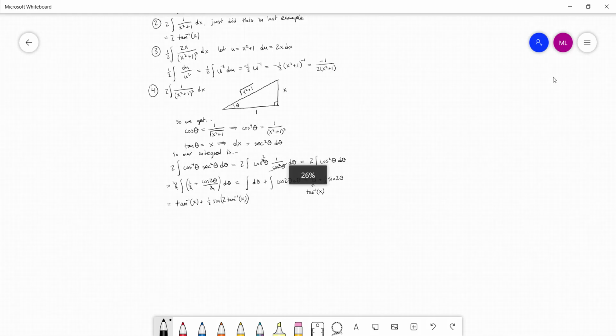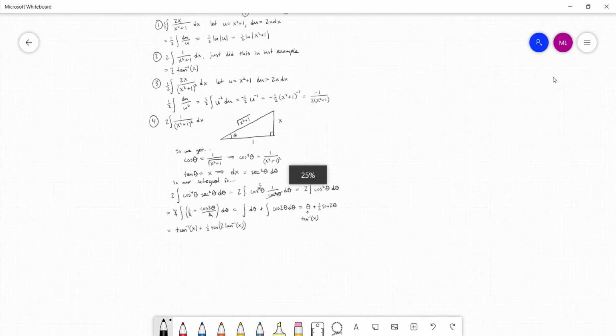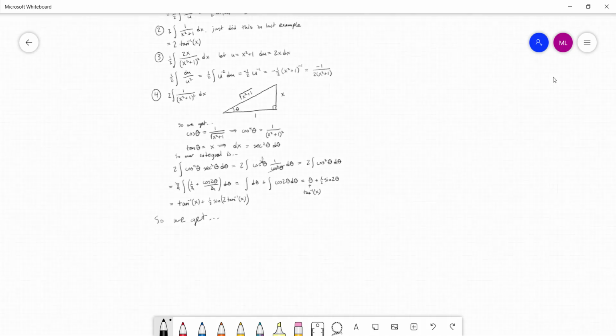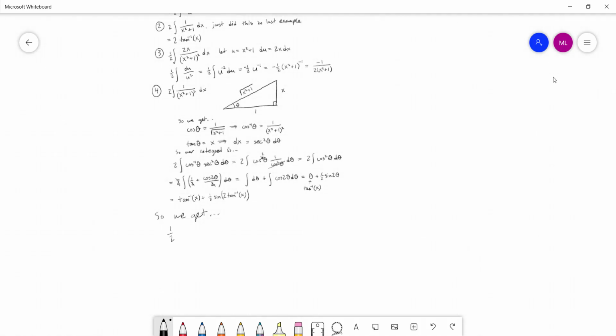So we get, oh, I'm writing in rainbow colors. So we get, the first one was 1/2 log of the absolute value of x squared plus 1. The second one was 2 arctangent of x.